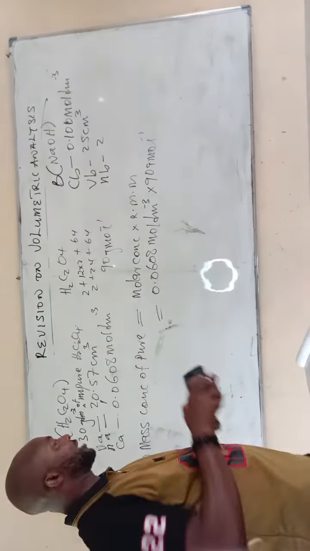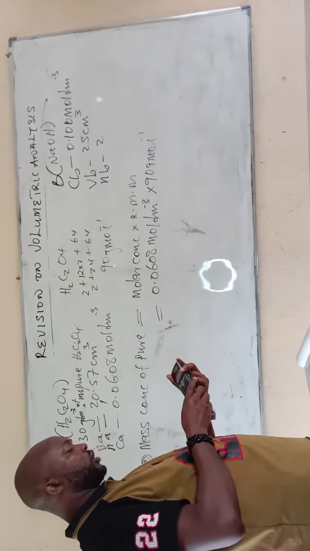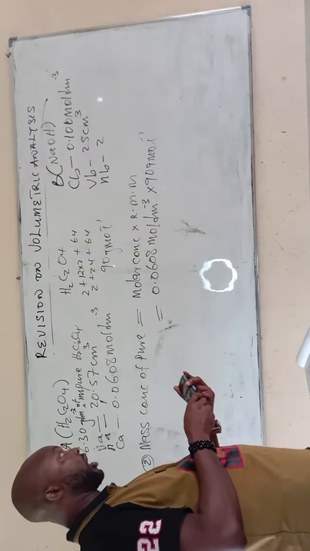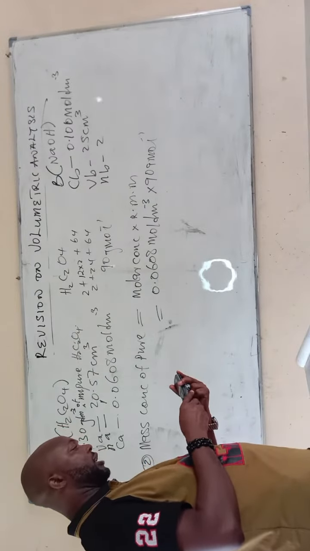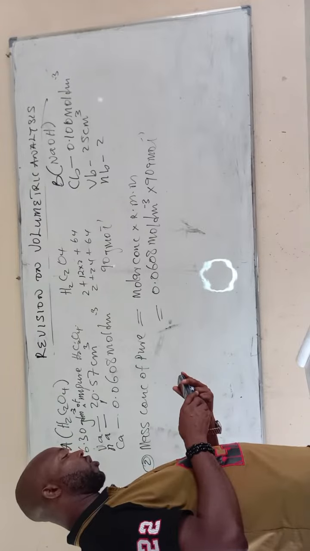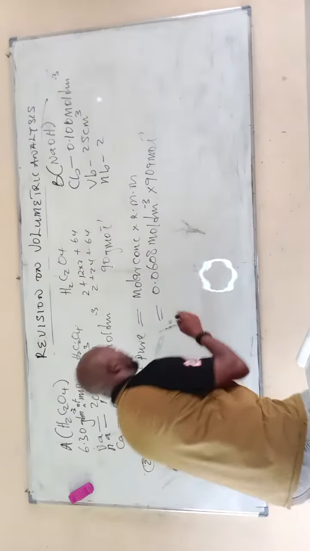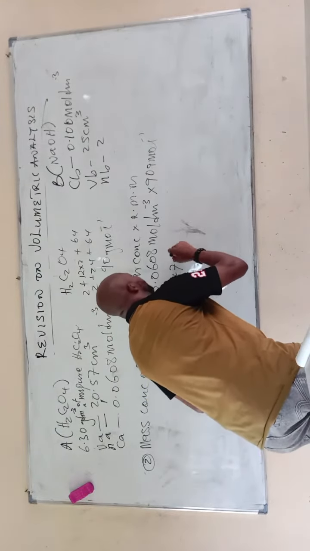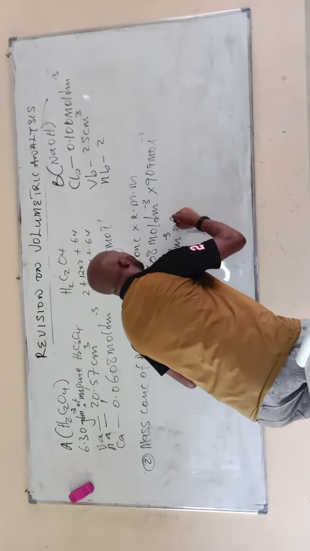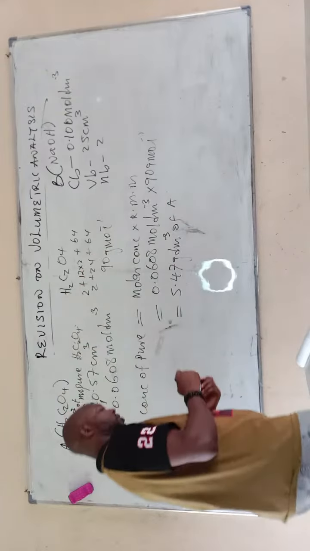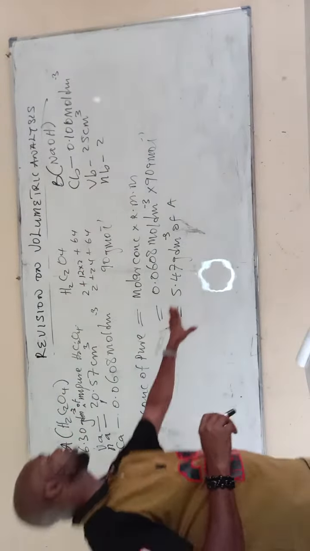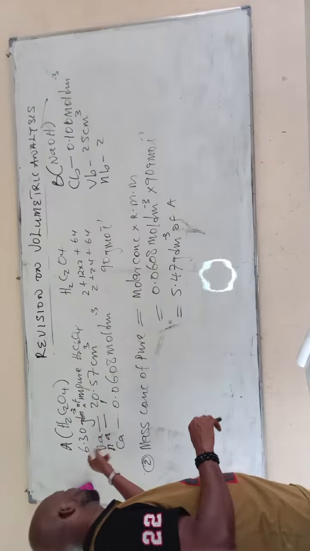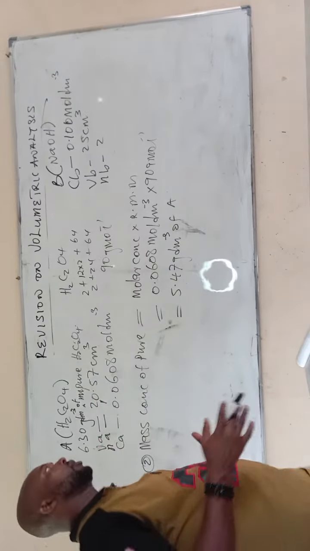When I multiply 0.0608 times 90, we get 5.47 g/dm³ of A. So it is true that the mass concentration of this is lower than this, which means we are on the right track.